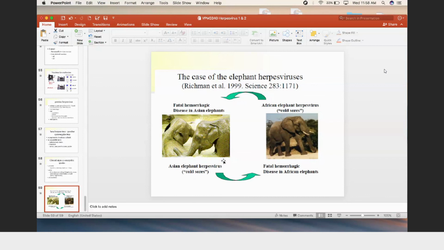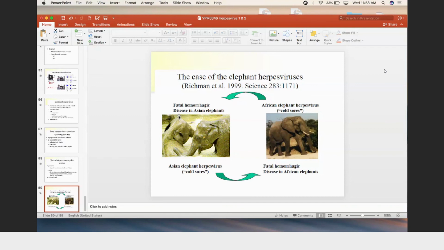But if this virus is transmitted to African elephants, it can cause fatal hemorrhagic disease. Same thing here: if African elephant herpesvirus is in its natural host, the original host, it causes cold sore, a mild problem. But when the virus is transmitted to Asian elephants, it can cause fatal hemorrhagic disease. So this is for you to know about trans-species transmission. When the virus goes from the natural host to another species, it can cause a big problem.